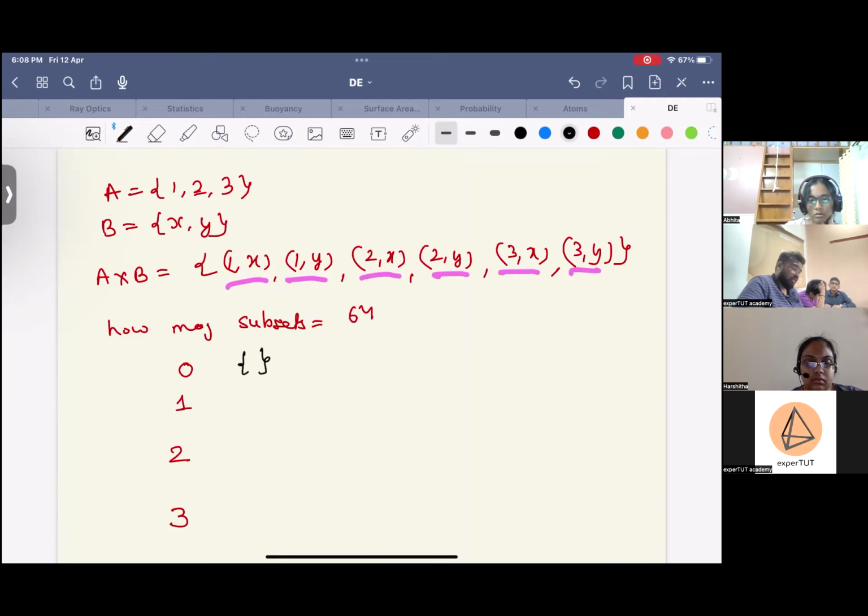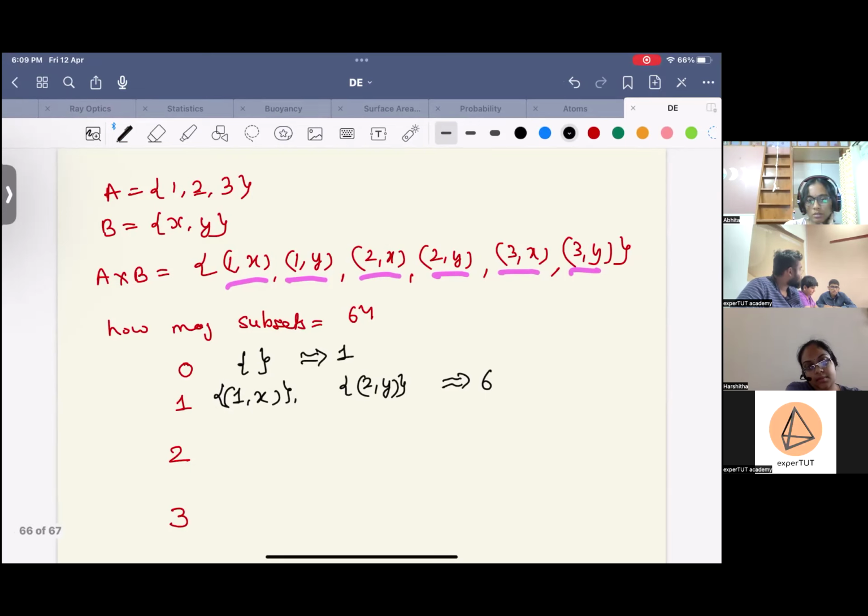If you write 1 element at a time, you will have 6. For example, 1 comma x is one, or 2 comma y is one. Understood? I'm just writing a few. How many total are there? 6.